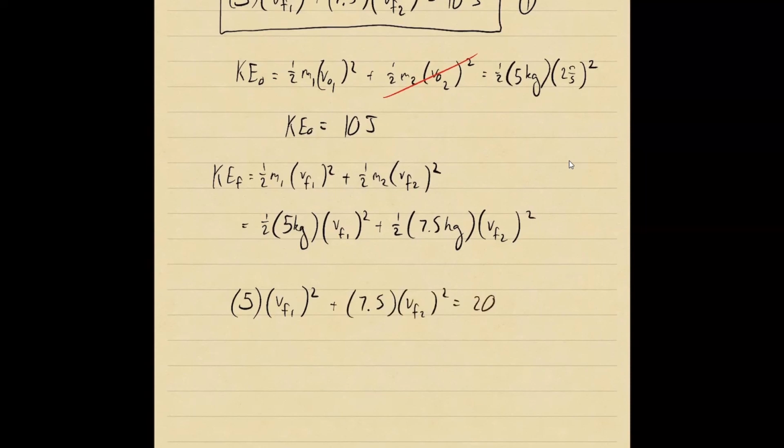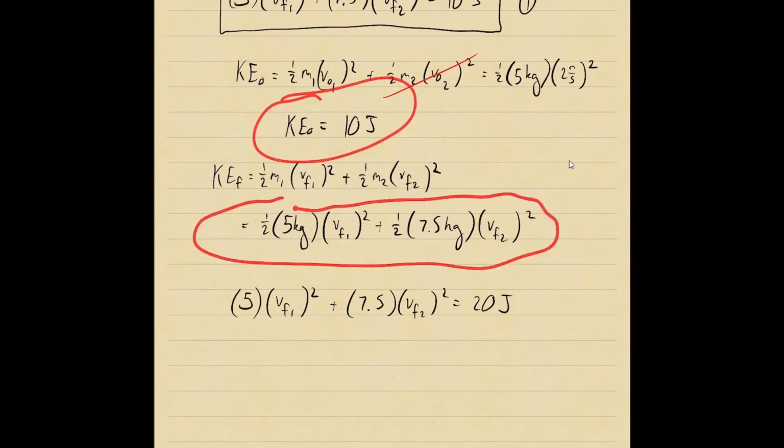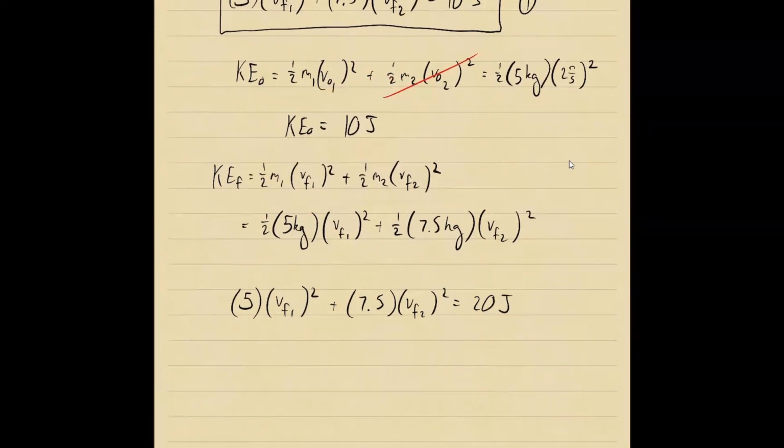And it's going to be equal to 20 joules. All right, so I got this by setting our initial kinetic energy equal to our final kinetic energy, and then I literally just multiplied both sides by 2 to get rid of these 1/2s, because I didn't want to deal with them. So this right here is going to be our equation 2.